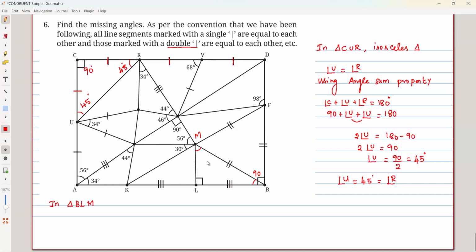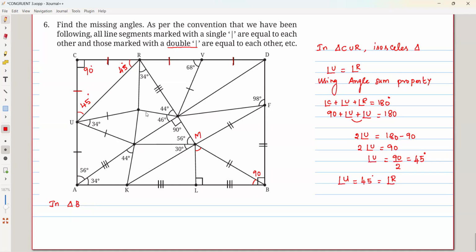For finding this angle, we have to find out this other angle first, then only we can come to this triangle. So go with BFM then. First, we'll go with BFM. What is the name of this triangle? BFM.